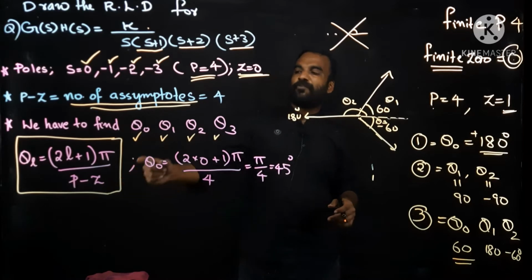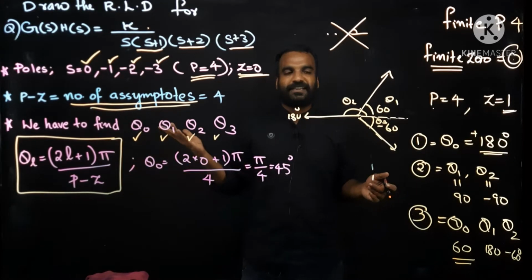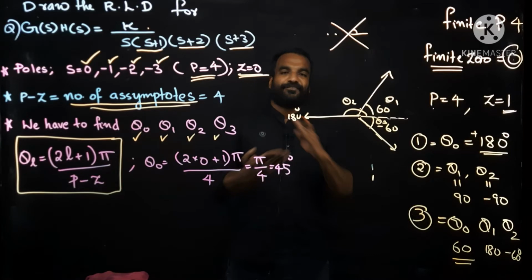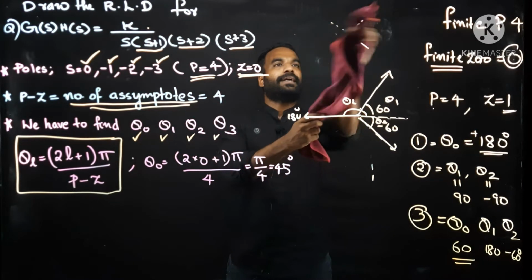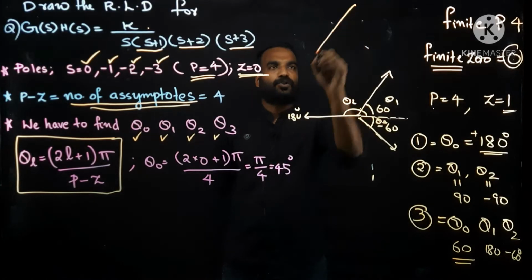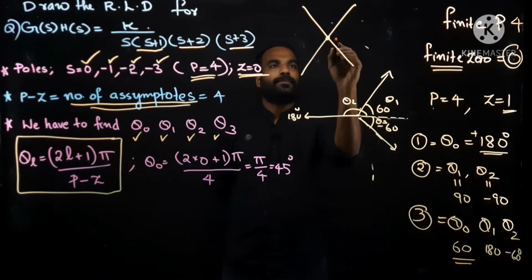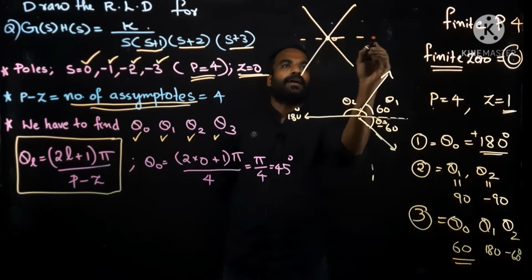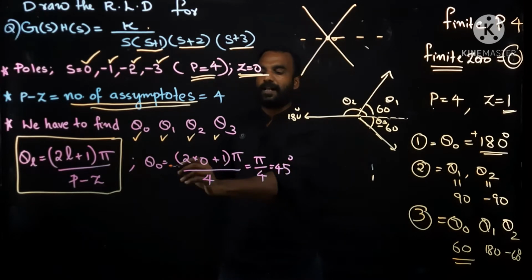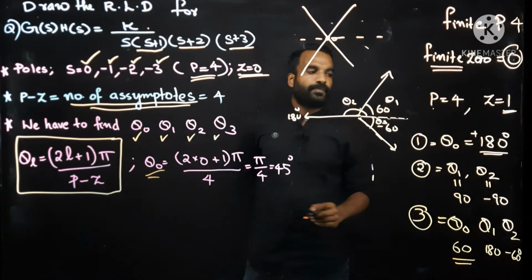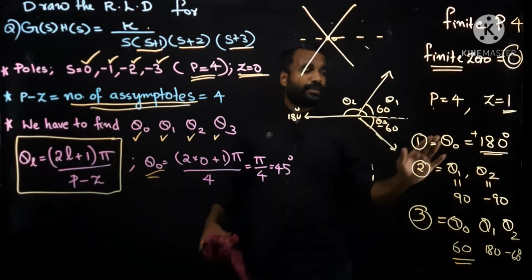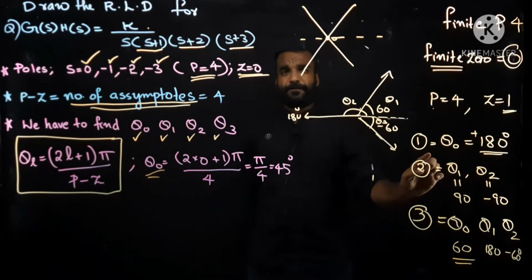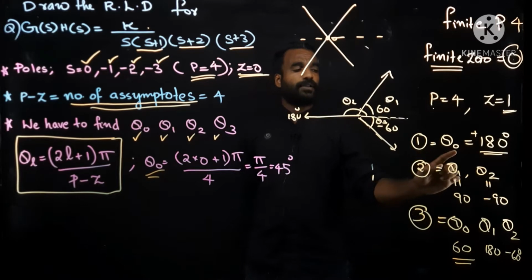In this problem, we are having 4 asymptotes. Then divide the plane with 4. That is, it will be exactly like a cross mark, and the meeting point will be the centroid. The angle will be, the first angle I calculated, theta 0. You should keep this in your mind. If P minus Z is 1, you have to calculate theta 0, that is 180.